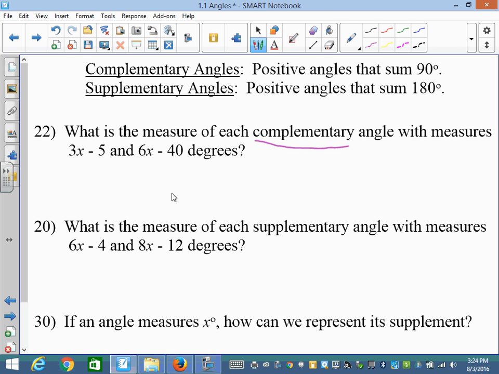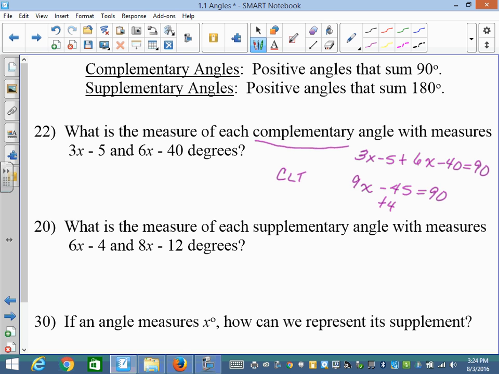Oh, here we go, some algebra. So that just means that 3x minus 5 plus 6x minus 40 must equal 90 degrees. If we combine like terms, 3x plus 6x gives me 9x, and negative 5 and negative 40 gives me negative 45. This has to equal 90 degrees.